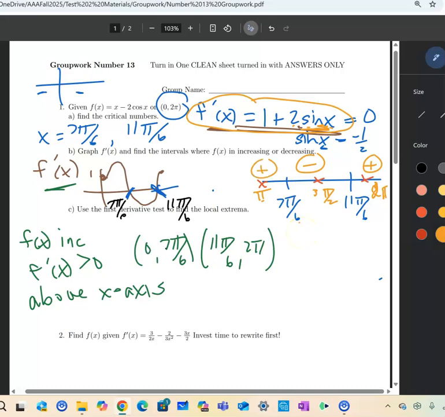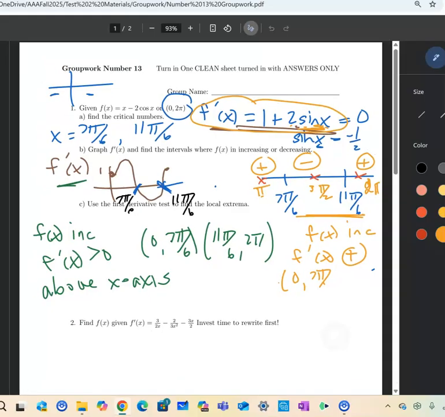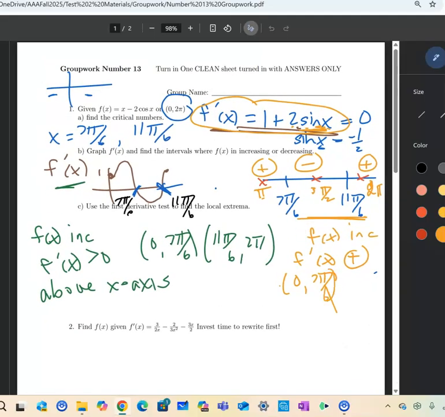So looking at this, f of x is increasing when f prime of x is positive. So again, that would be from 0 to 7 pi over 6, and then from 11 pi over 6 to 2 pi.